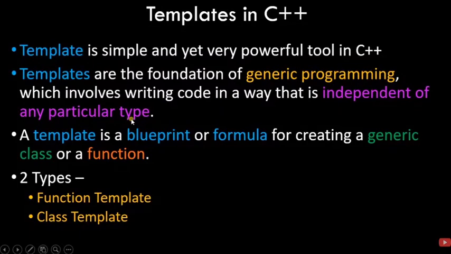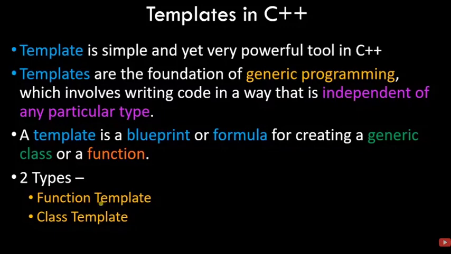Once you write an algorithm, it can fit into any type of data. A template is a blueprint or a formula for creating a generic class. Using templates you write a function block which can accommodate any data type as arguments.